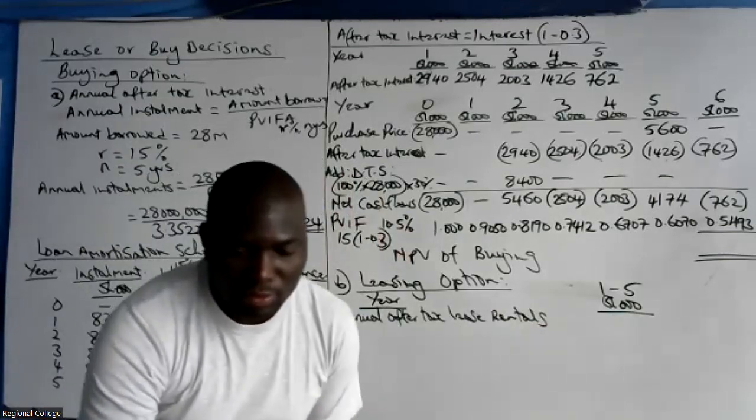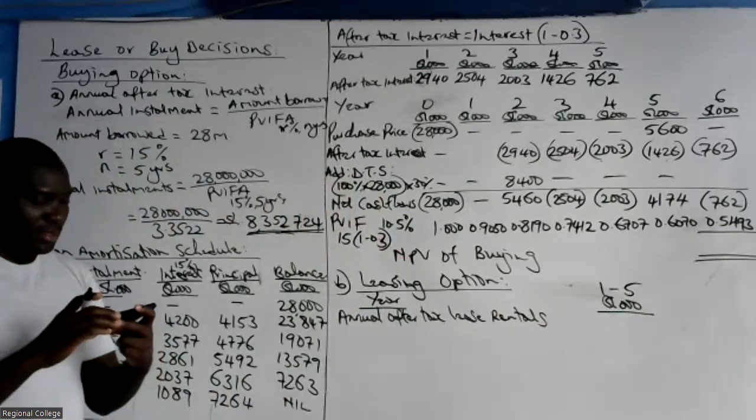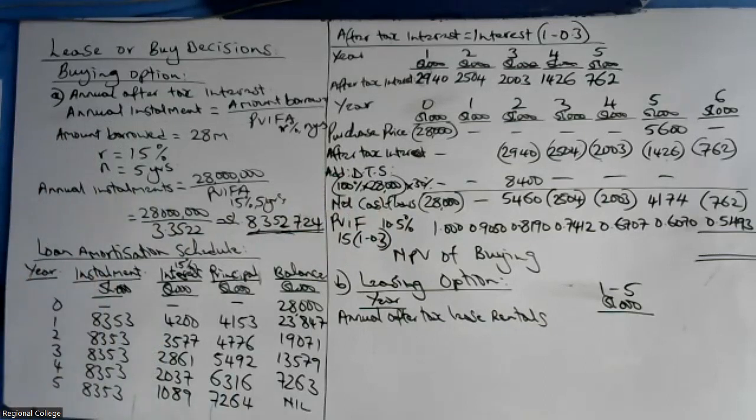How much of the lease rentals are we paying? Lease the machine under an agreement, which would entail paying 67.20 at the end of each year for the next 5 years.